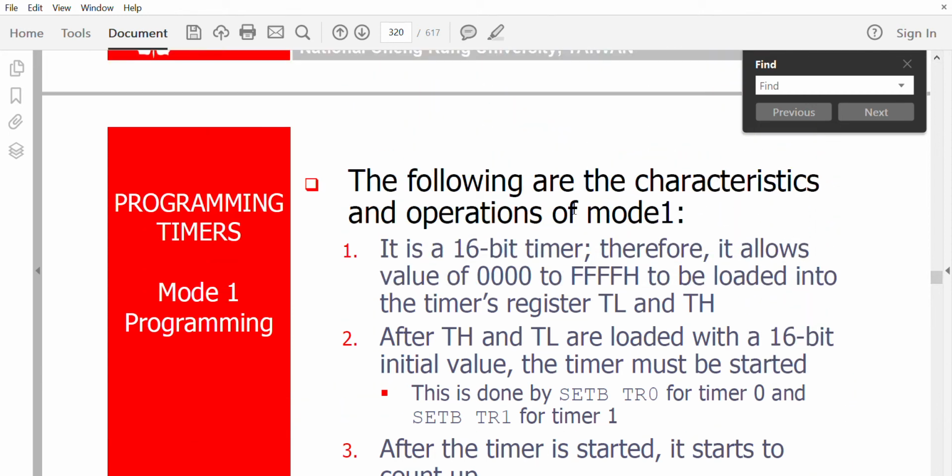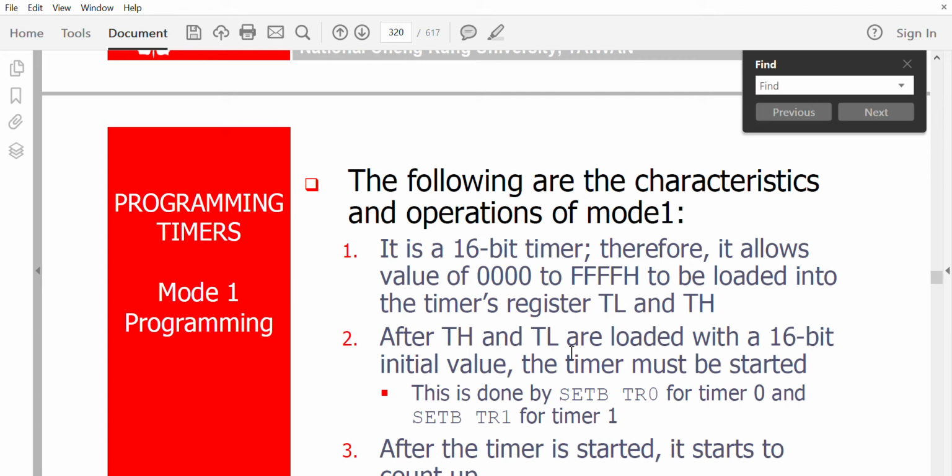Mode 1 is a 16-bit timer. A 16-bit timer means what? It is 2 bytes, so 0000 to FFFF can be loaded into the timer register of timer 0 and timer 1, that is TL and TH.